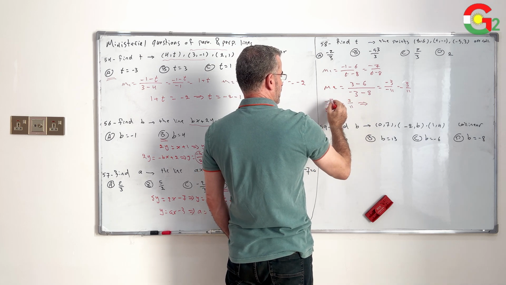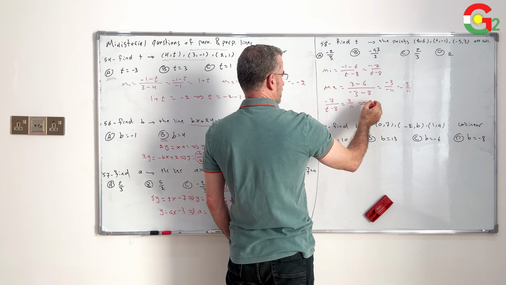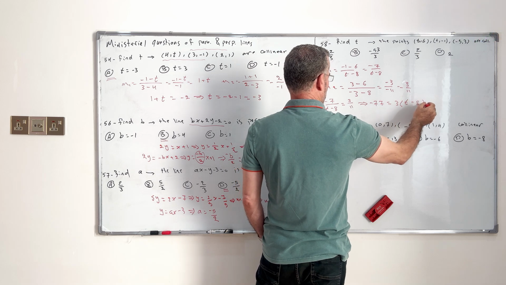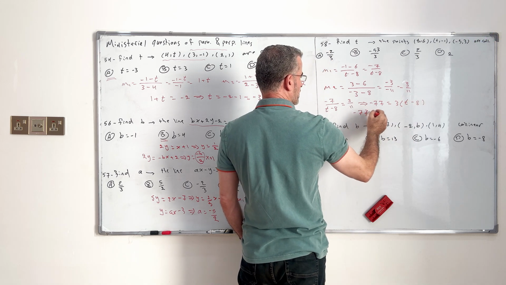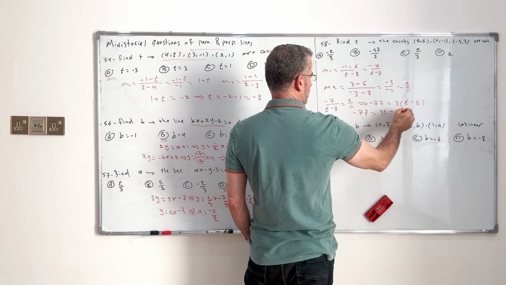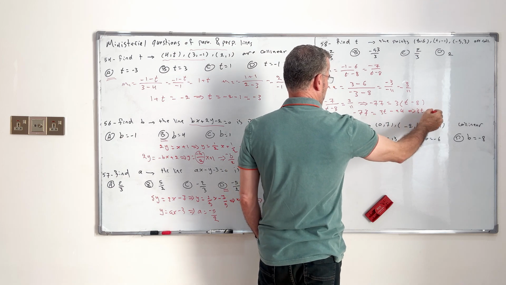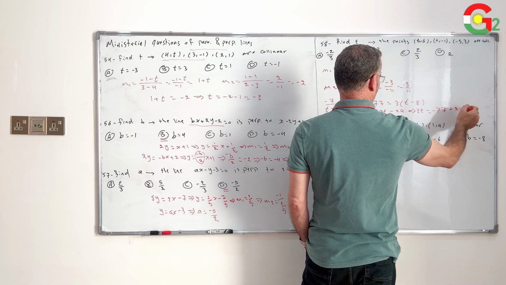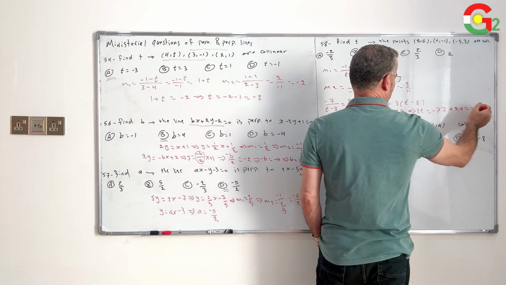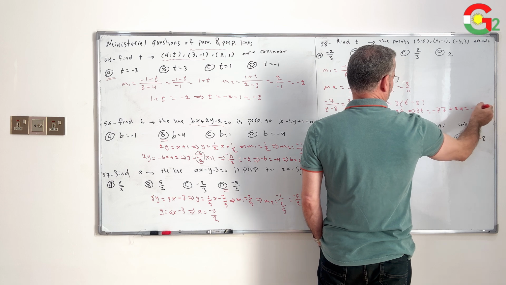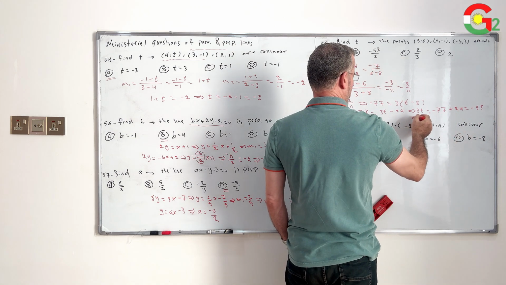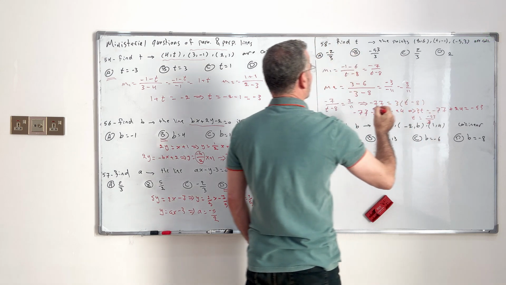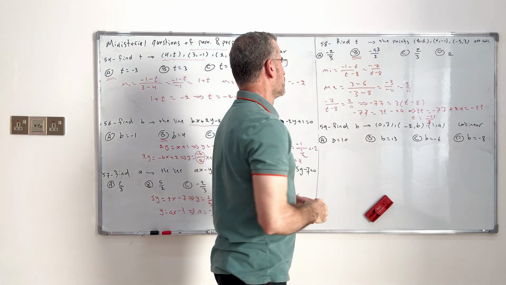Then -7 times 11, -77 equal to 3 times t minus 8. -77 equal to 3t minus 24. Then 3t equal to -77 plus 24 equal to -53. Then t equal to -53 over 3. -53 over 3 is choice B.